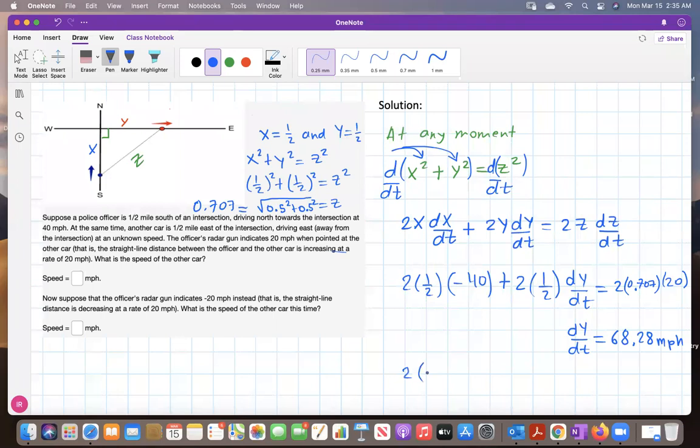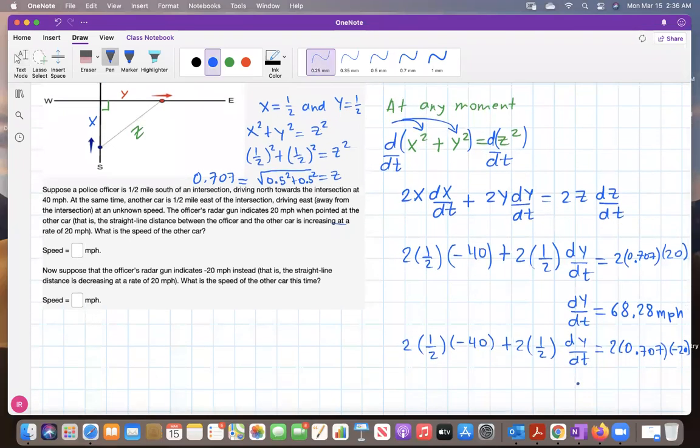The only thing that is going to change will be this guy here on the left, dz dt, which will change its value to negative 20, right? Negative 20. That's all. Now, following the same idea as before, right? We're going to do the computation. We're going to isolate dy dt, right?